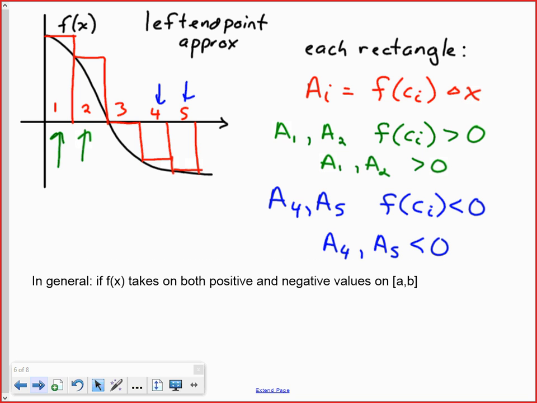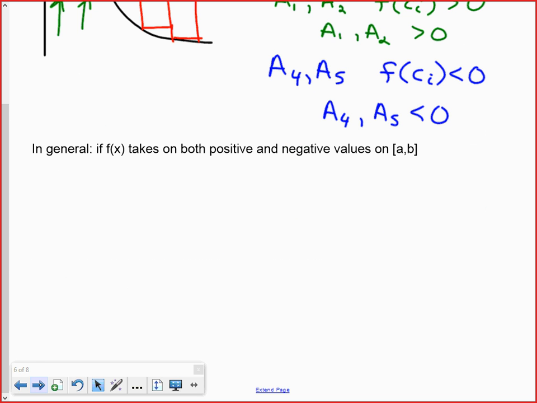where we're trying to find the area, we need to take a look at whether the value of the function is positive or negative. So if our function is greater than 0, the area in that region adds to the total.